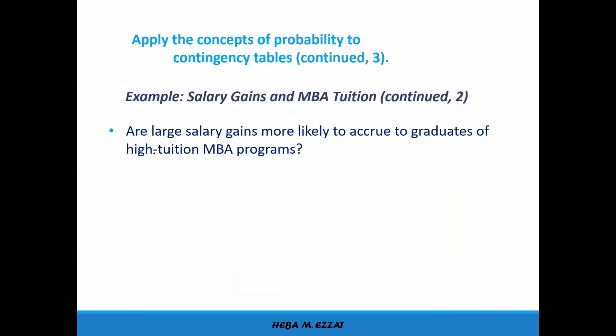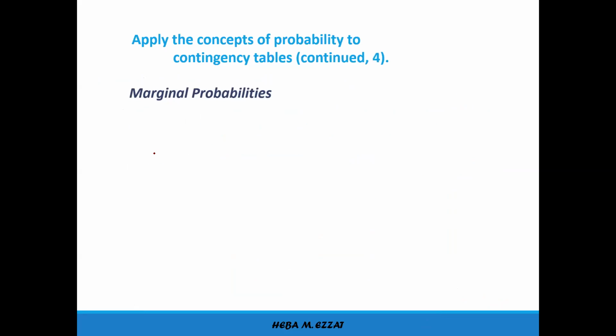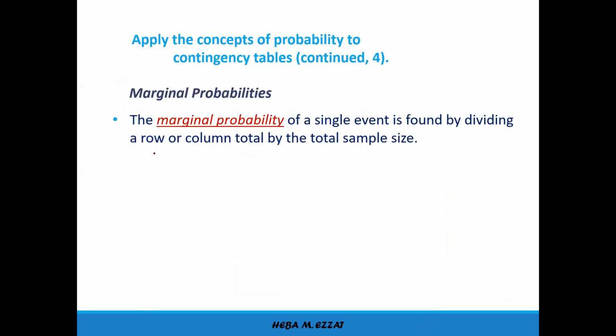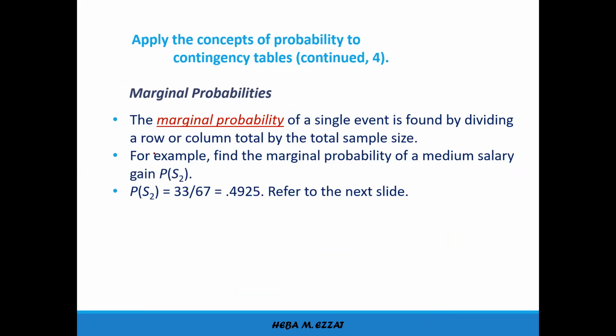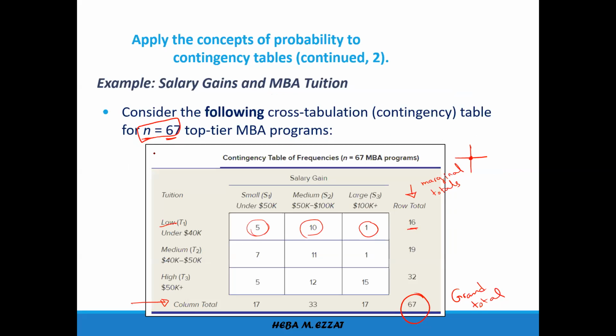So if we want to calculate which gains are more likely to occur, if we want to consider some of these probabilities, and as I've told you, the marginal probabilities are the ones at the end of the columns and the rows.